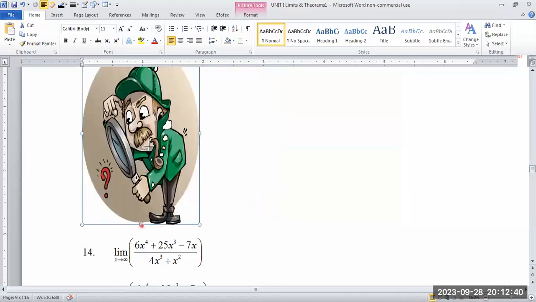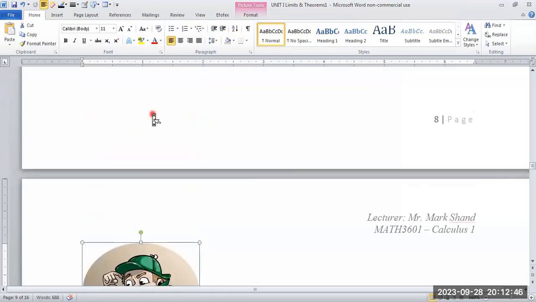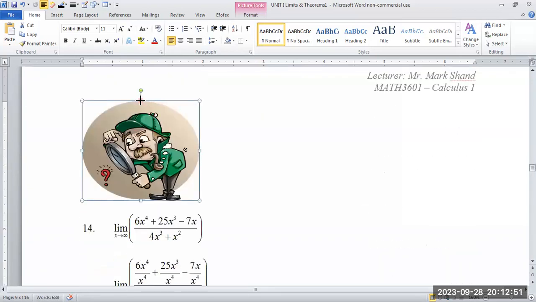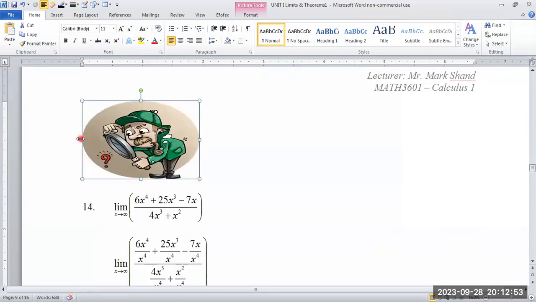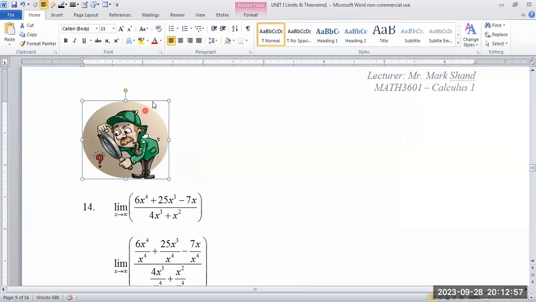Sir, quick question. I don't think I made a note of it. When we're dividing, do we subtract the numerator power from the denominator power, or is it the other way around?